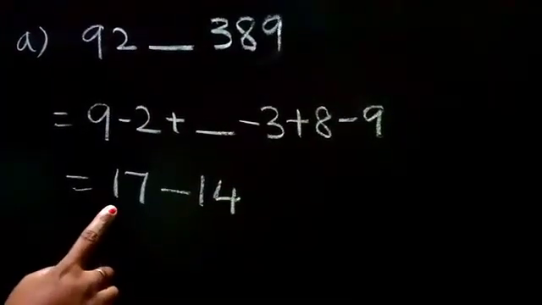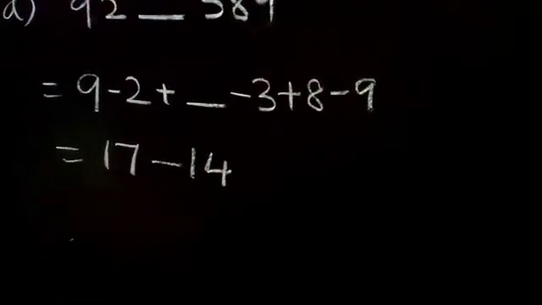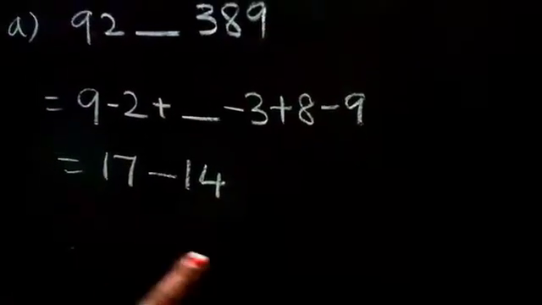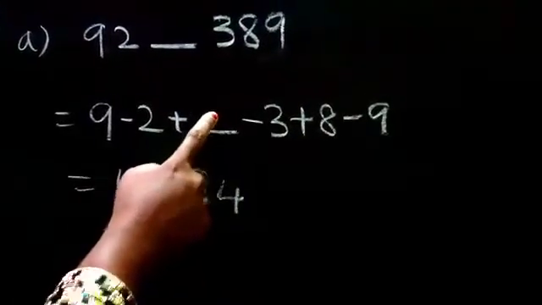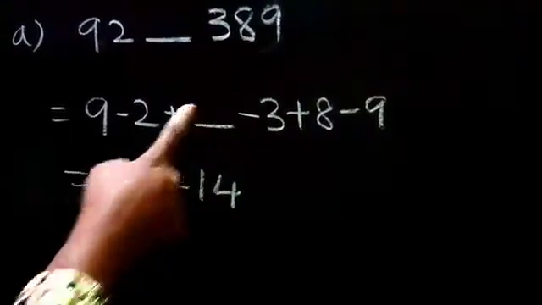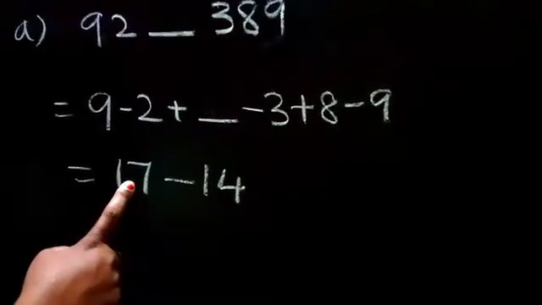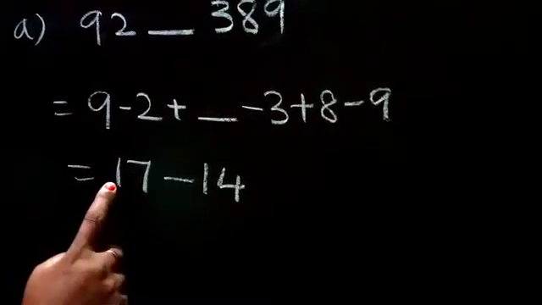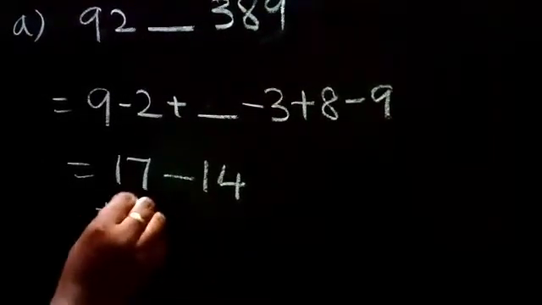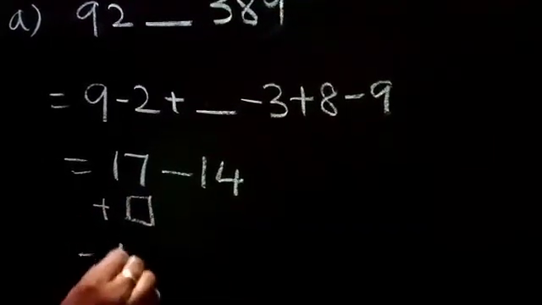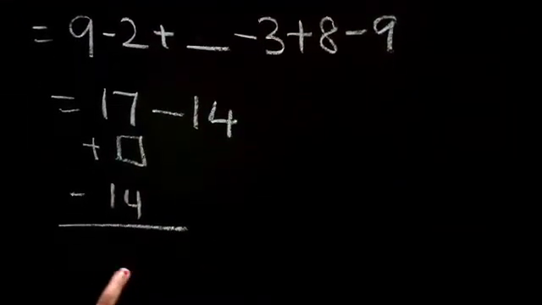Here it has to cancel in this place or be divisible by the 11th table. It will not be cancelled because we are going to add some number to this 17, so that it can be divided by the 11th table. Along with 17, some number we have to add, then minus 14, and we have to get 11 or 22 like that.